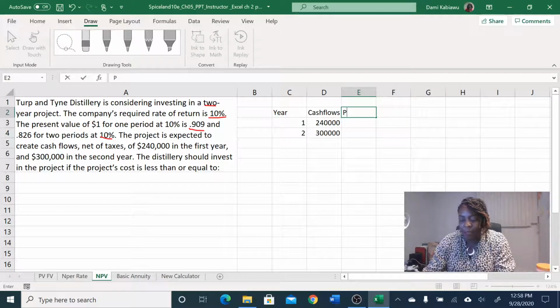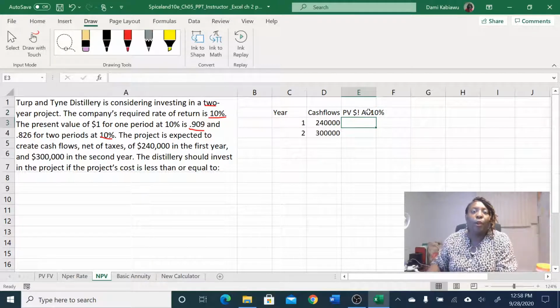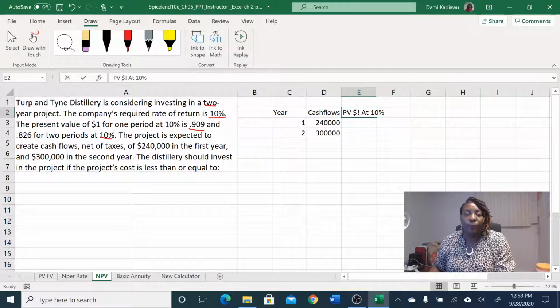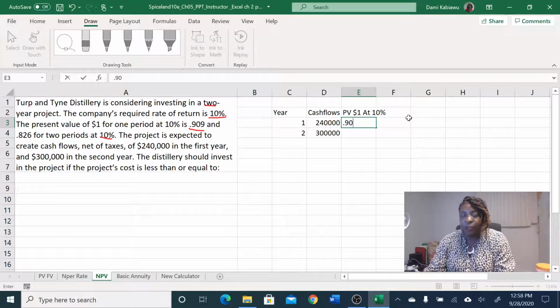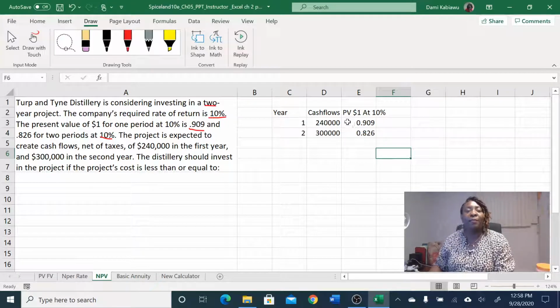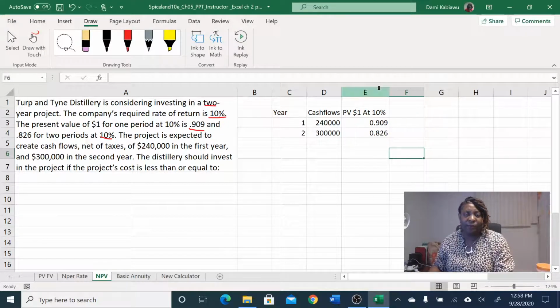The present value of $1 at 10%. We also know that if we know the present value of $1, we can calculate the present value of any amount just by multiplying them together. So 0.909, 0.826, and we're trying to find the present value of the cash flows.